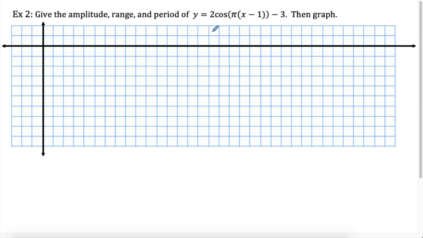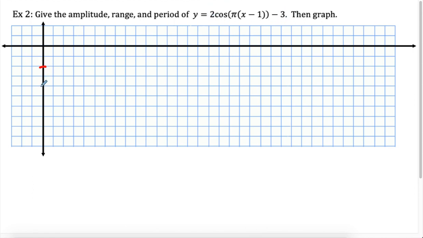Okay, how about 2 times the cosine of pi times x minus 1, minus 3? Okay, so let's start with the midline. I know that my midline is going to be at -3, and my amplitude is going to be 2. So I'm going to be going up and down 2 from -3.